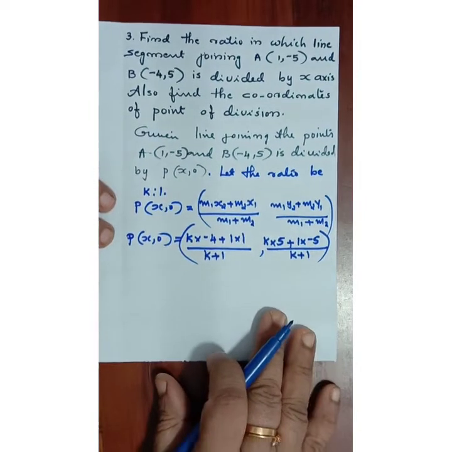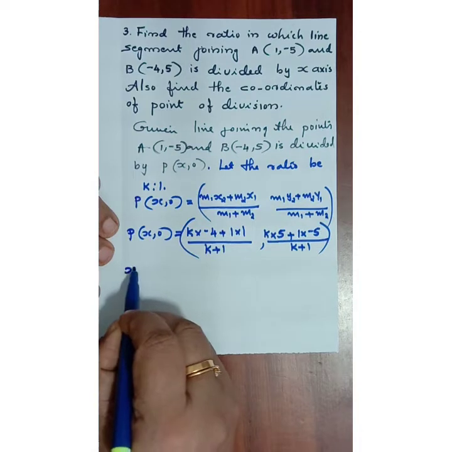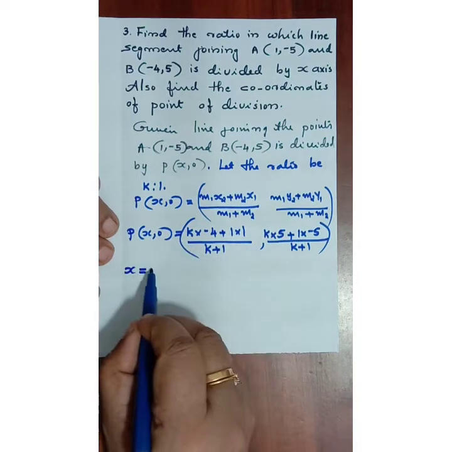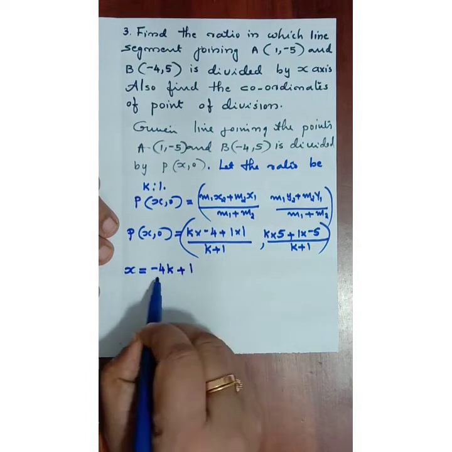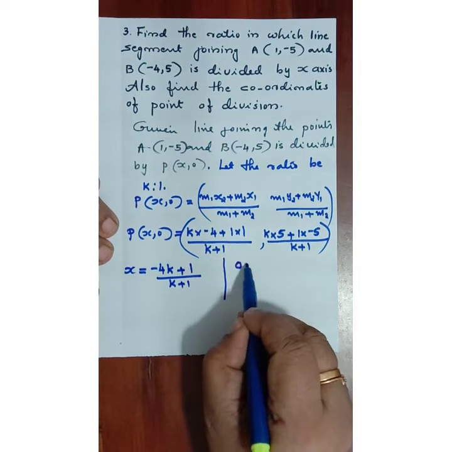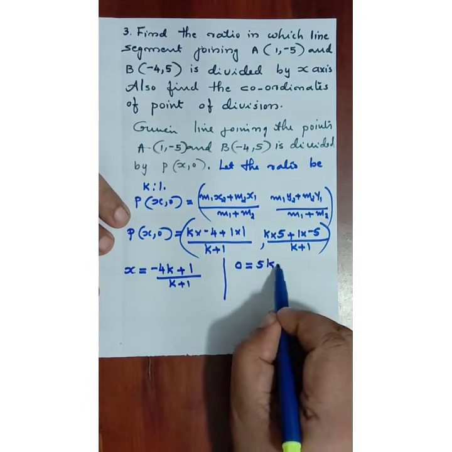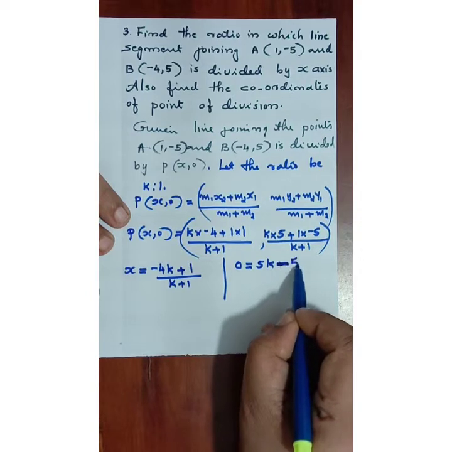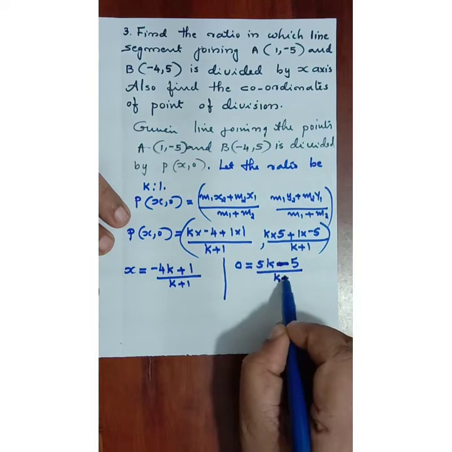Let us compare the x value and similarly the y value. The x coordinate is (-4k + 1 into 1) divided by (k + 1). Similarly for the y coordinate, 0 equals (5k - 5), that is plus 1 into -5 is -5, divided by (k + 1).